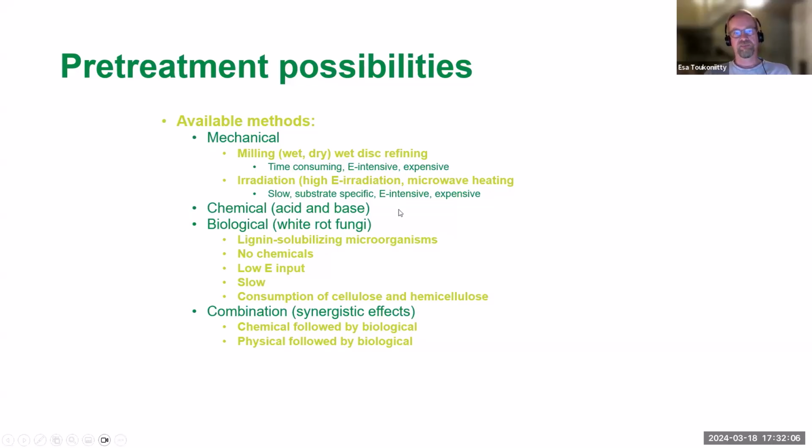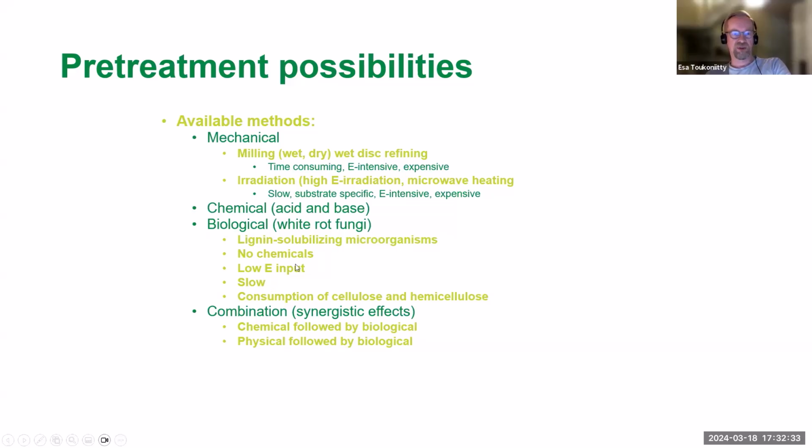But then the chemical treatment, so it's application of typically acids or bases or other solvents that help to partly break the structure and partly react with the components already.